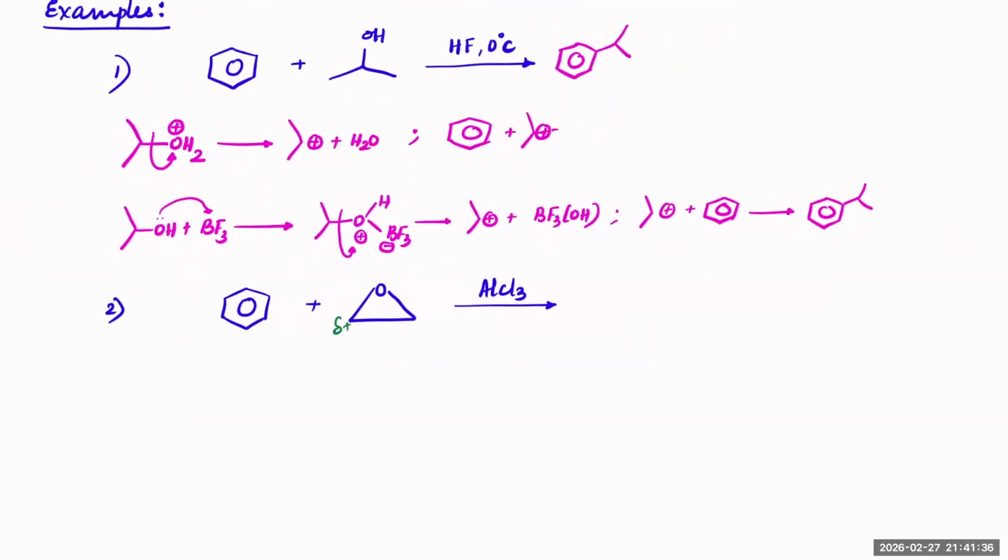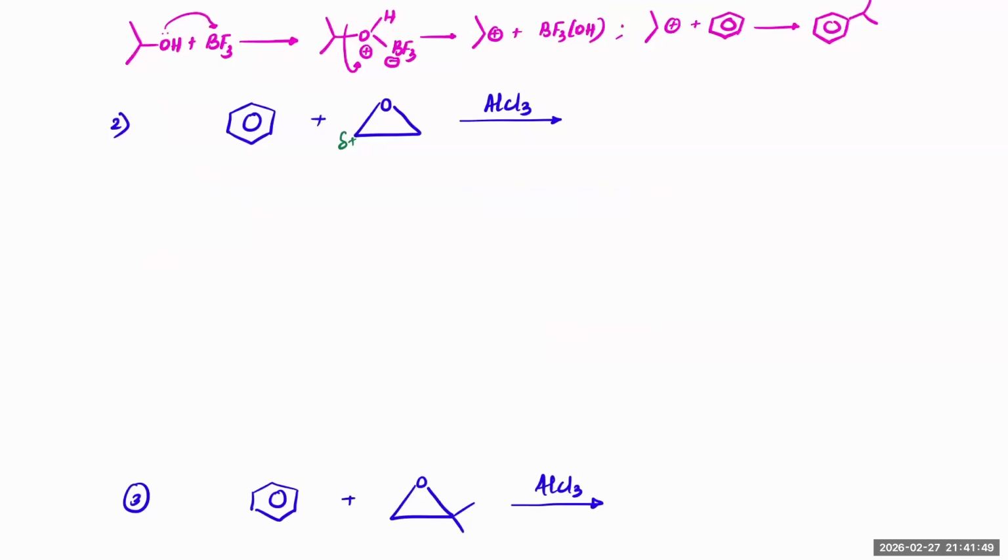Everybody clear? So if you have alcohols, we can use either a Lewis acid or simply HF or H plus, a simple H plus reaction. The same logic works even in the case of epoxides.